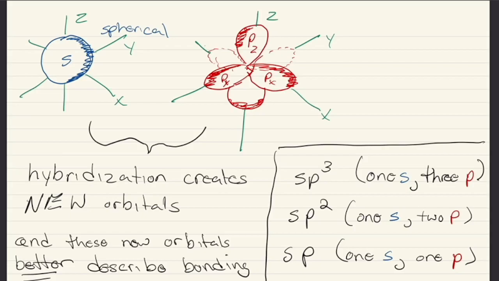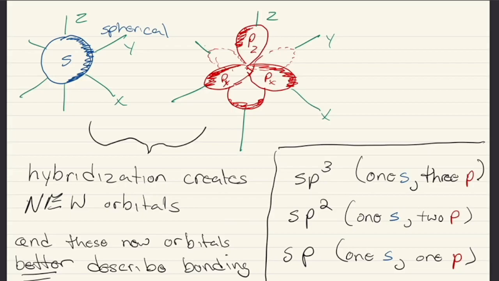I've tried to draw these somewhat three-dimensional for reference. Obviously, we have px, py, and pz. Where I show the dotted line, that's going into the plane of the paper, and the others are in the plane or coming out of the plane of the paper.